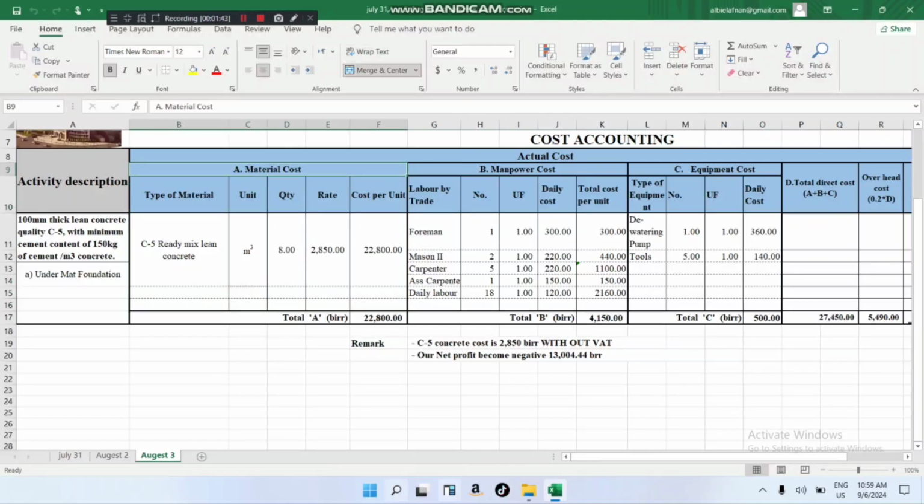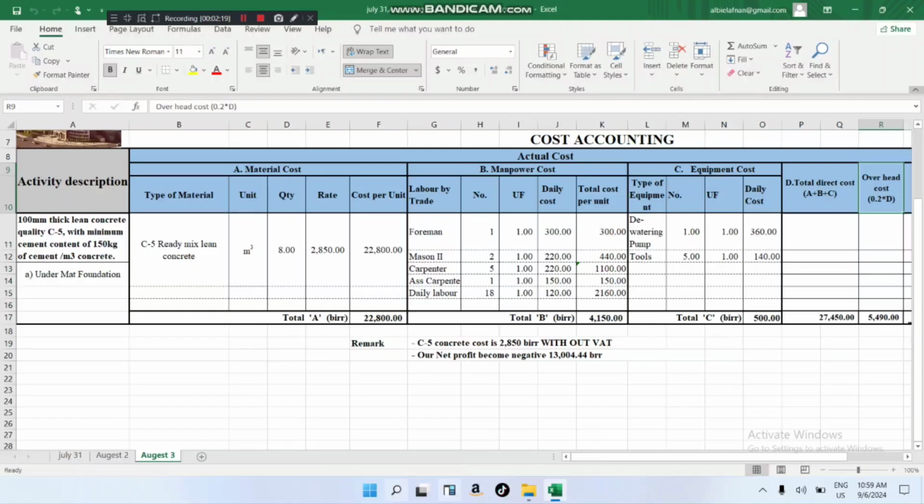I will post the videos for lean concrete by meter cubed. Cut the area, the material, the manpower, the equipment, the factor, to know the daily cost, and then you add them, and then you add 15% or 20%, 0.20 or 0.15, or as you discuss.